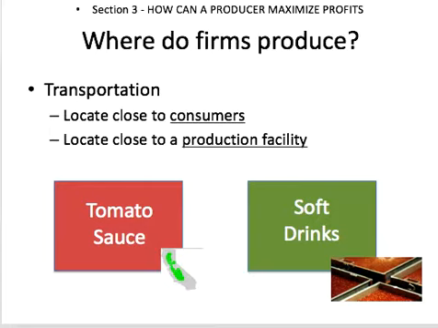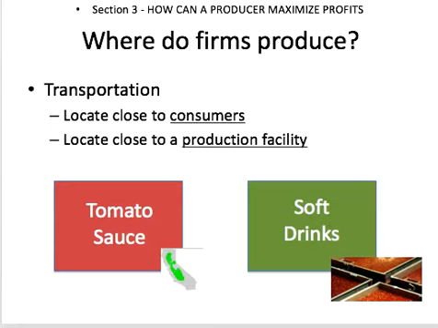Now, just a fun fact for you, the three top places in the U.S. that consume the most pizza are New York City, Chicago, and those are no shockers there. And the third one is actually Alaska. Now, these tomato sauce companies that provide the tomato sauce for these pizzas have to make a decision on where they want to grow their tomatoes.